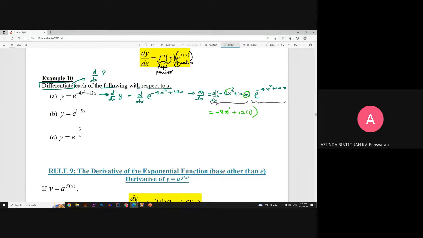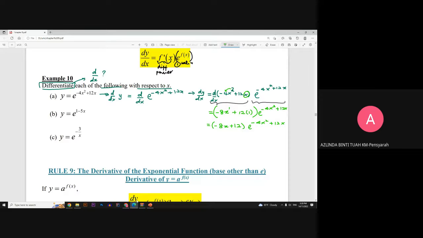Okay, put a bracket for the differentiation of power and copy back the original function. Okay, jawapan dia dekat sini negatif 8x tambah 12. Put a bracket and copy back the exponent. That's it.